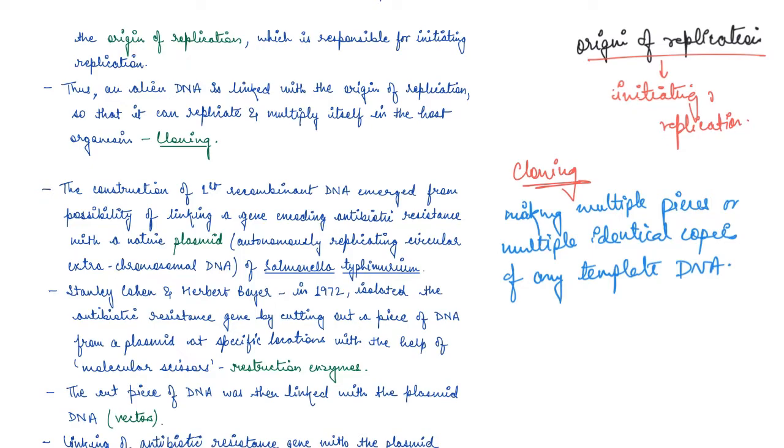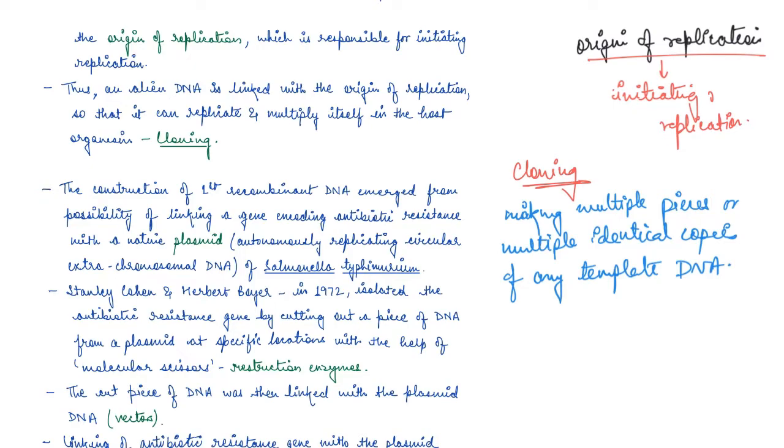Now let's focus on one more thing. Let's see the first instance of construction of an artificial recombinant DNA molecule, and how it is constructed, right? It emerged from the possibility of linking a gene encoding antibiotic resistance with a native plasmid.